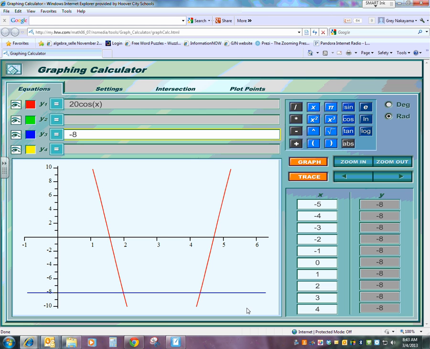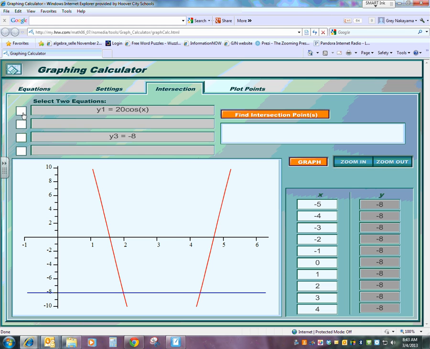And it doesn't really matter that we see the whole cosine because we actually do see 2 points of intersection. So I'm going to go to my intersect and I'm going to click on those two equations that I want to find the intersection points. So I have x equals 1.98 and x equals 4.3.